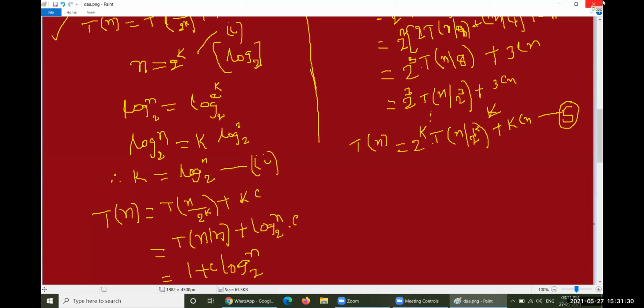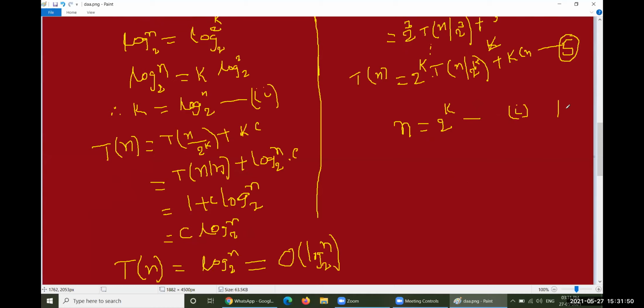Then the basic primitive of divide and conquer will always be taken. So n will be equal to 2 power k, this is the basic primitive, equation number small 1. Apply log base 2 on both sides.